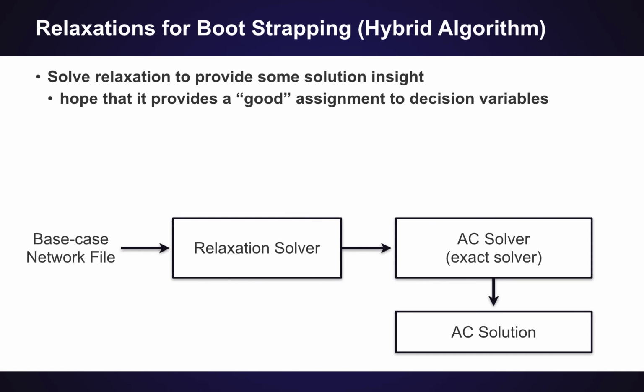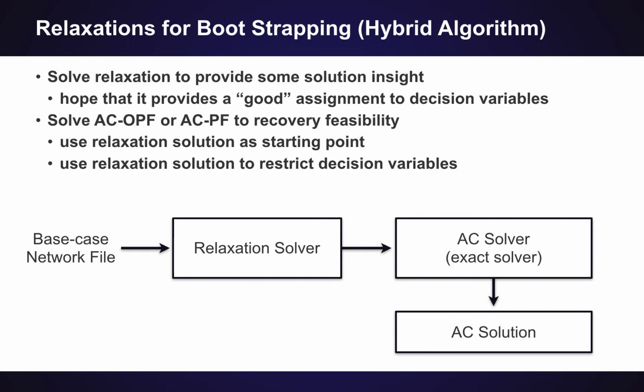Another standard workflow using relaxations is a bootstrapping approach, where you can solve a relaxation to provide some insight into a more general problem. You solve your relaxation, hoping it provides a good assignment of some of the decision variables or a good starting point for a non-convex solver, and then you try to recover an AC feasible solution with an AC optimal power flow or an AC power flow solver.